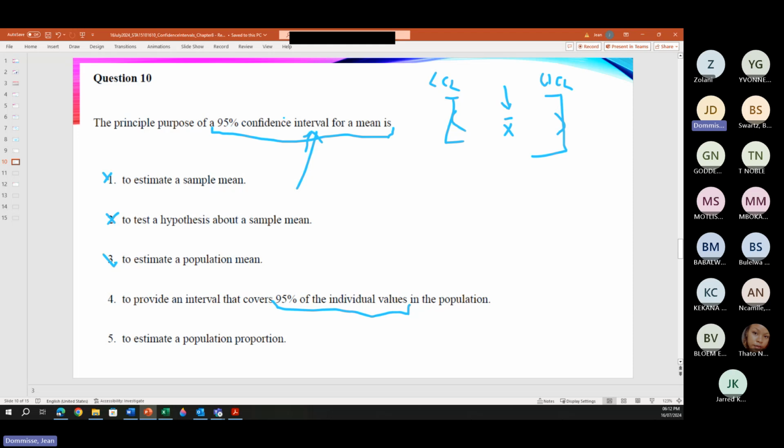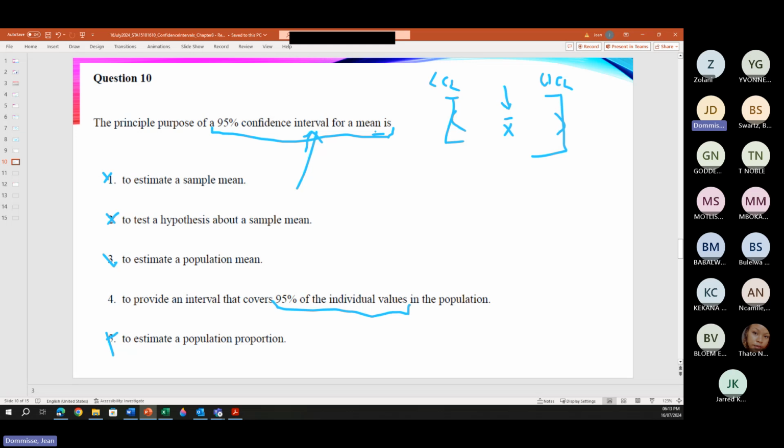Then just read again, the principal purpose of a 95% confidence interval for a mean is to estimate a population proportion. No, but if it was the principal purpose of a 95% confidence interval for a proportion, which is the third one that we will deal with, then it would have been right to say we're going to estimate a population proportion.